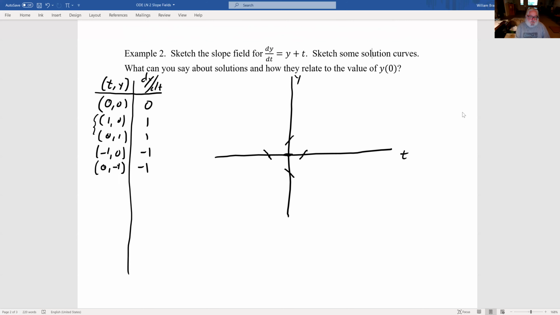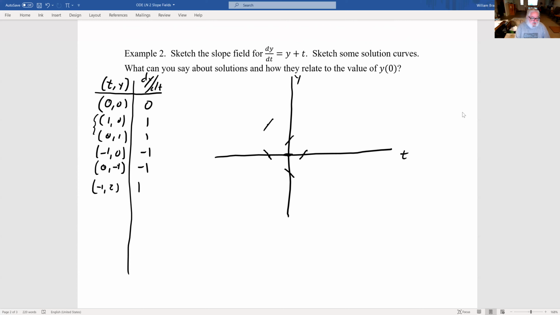So in fact, whenever t plus y adds up to 1, you're going to have a slope of 1. Suppose we have the point (-1, 2). What's the slope at that point going to be? Well, 2 plus minus 1 is 1. And (-1, 2) is up here, so we have a slope of 1 there.